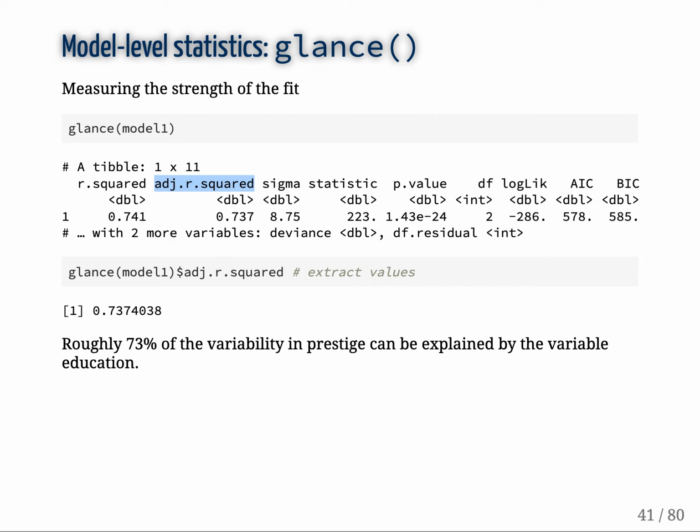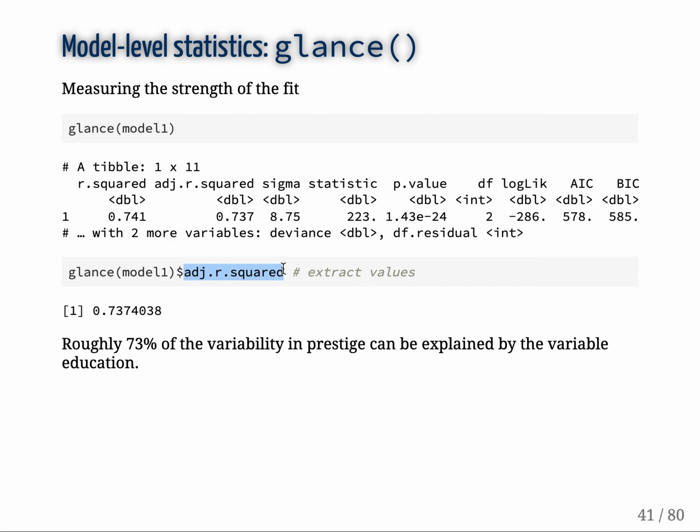In order to extract adjusted R squared, you can use this command: glance(model1)$adj.r.squared. Or else, this is by using base R. Or else you can use tidyverse functionalities like the select function to extract adjusted R squared.